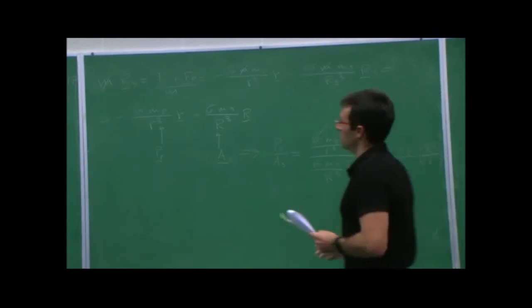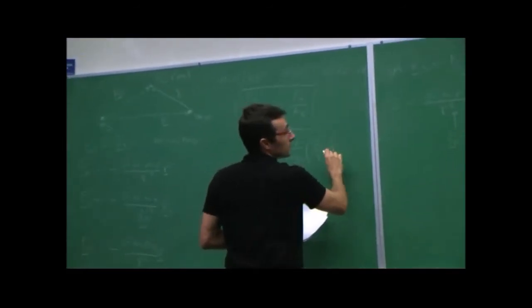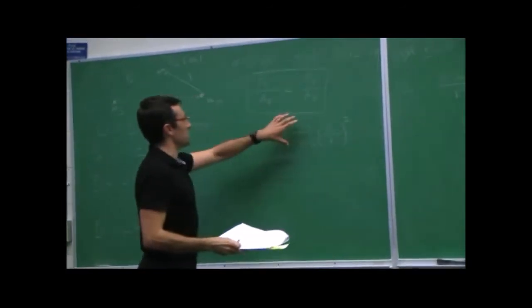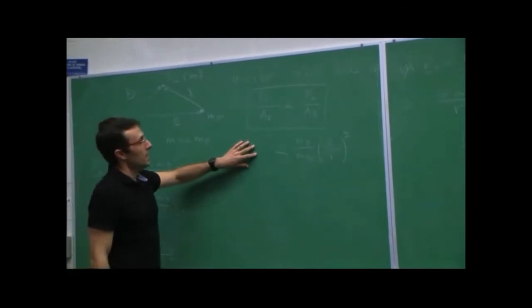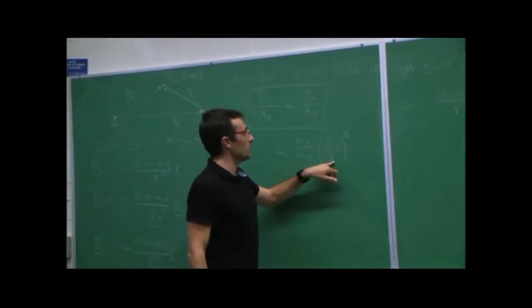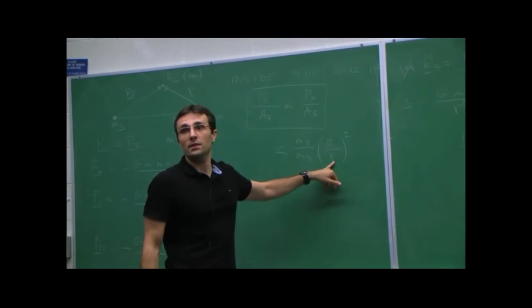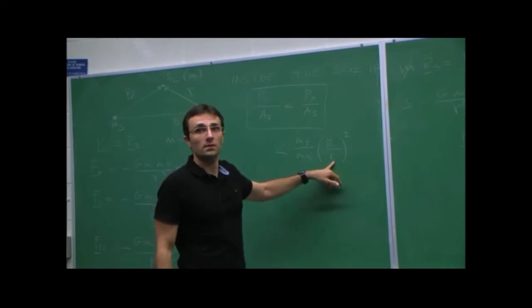You are left with m planet over m sun, big R over little r squared. So I'm going to substitute that in this expression right here: m_p over m_s, big R over little r squared. Eventually from this expression I need to substitute something here. I will solve for little r, and that will be my radius of the sphere of influence, okay?